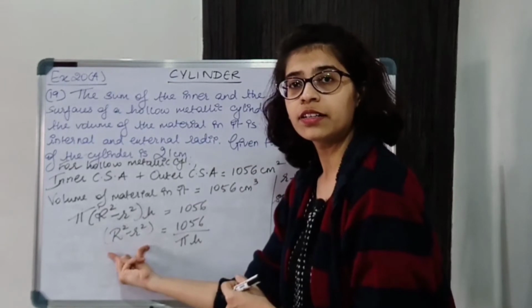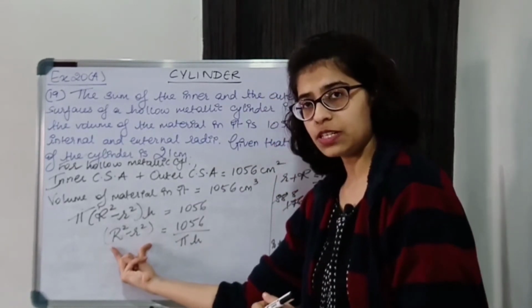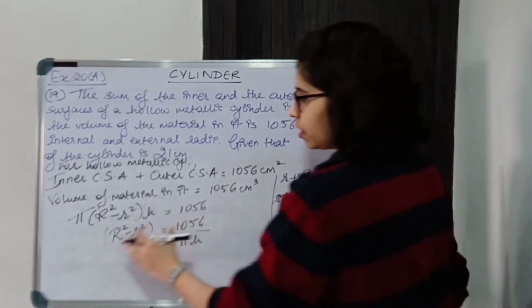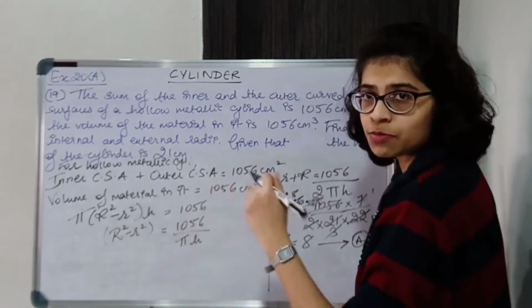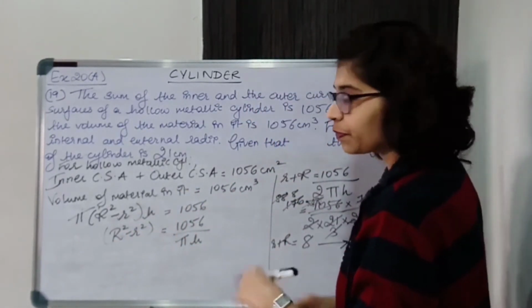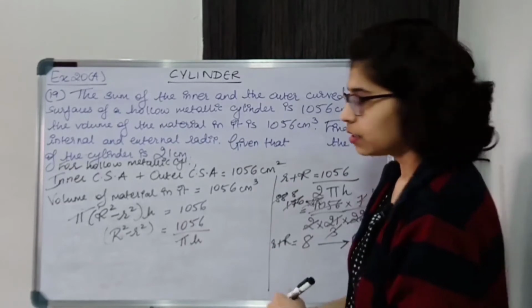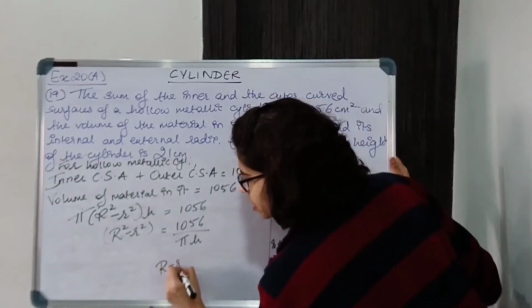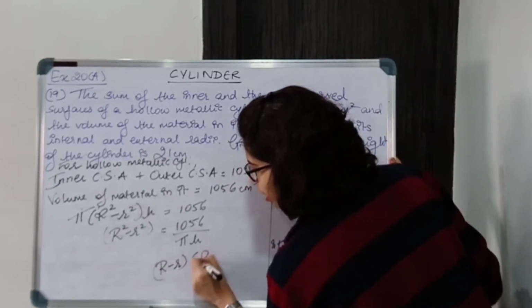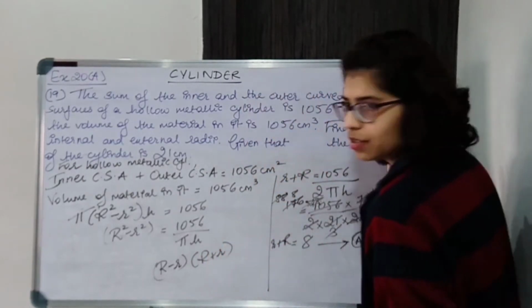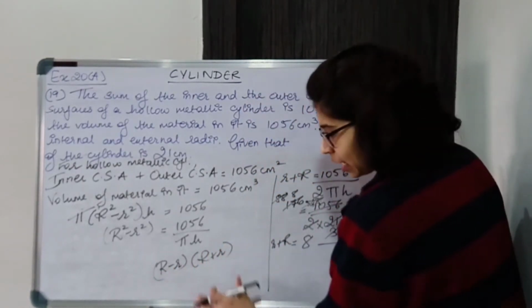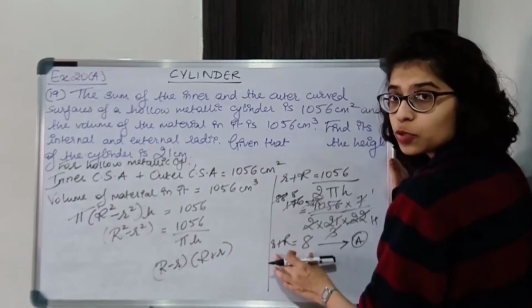Over here this is of the form a square minus b square. So what will we do? A square minus b square is a minus b into a plus b. Okay. Why we are doing that over here? We are getting R minus r into R plus r. This I don't know, but I know this from this equation.